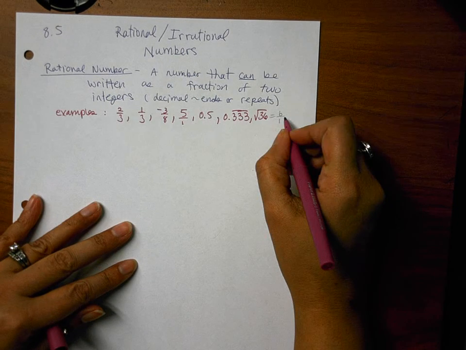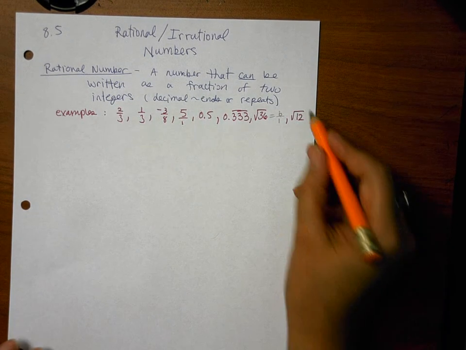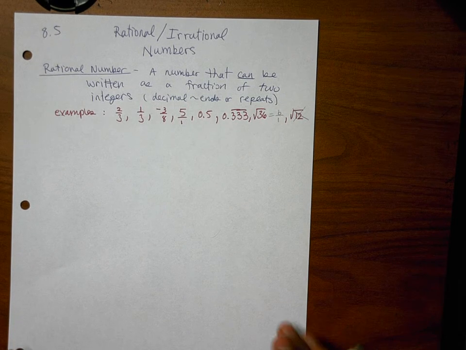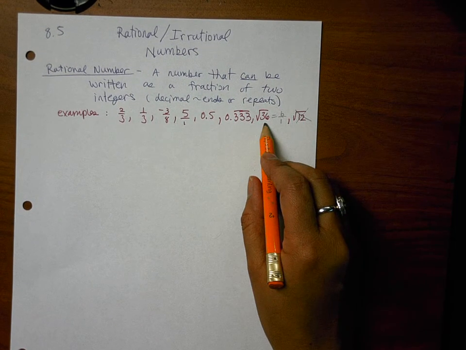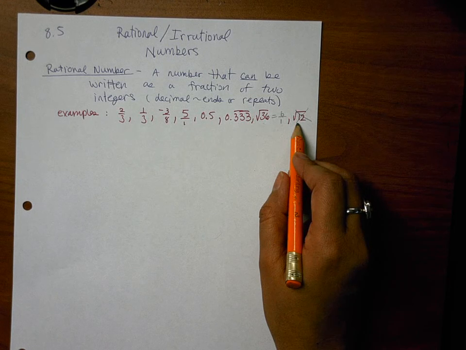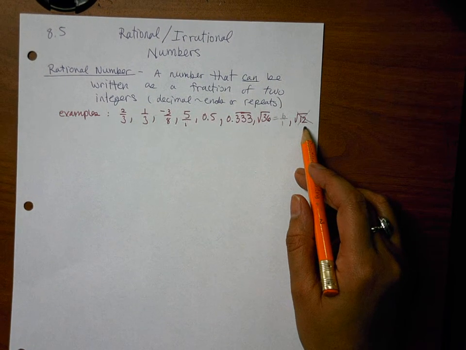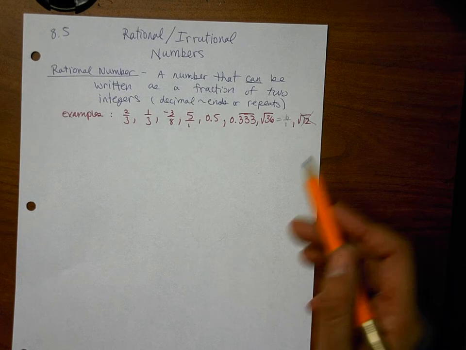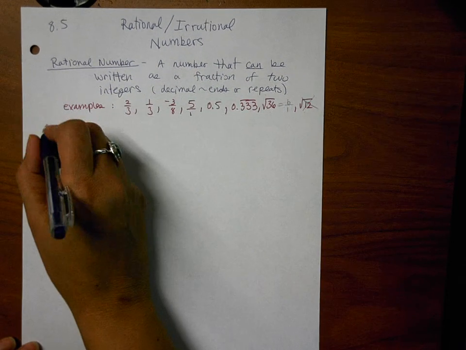A number like root 12 would not work, so I'm going to cross that one out, because 12 is not a perfect square. And because 12 is not a perfect square, you can't simplify it like you can the root 36, therefore it's not a rational number. If you were to plug it into your calculator and get a decimal, it would go on forever, non-ending, non-repeating.